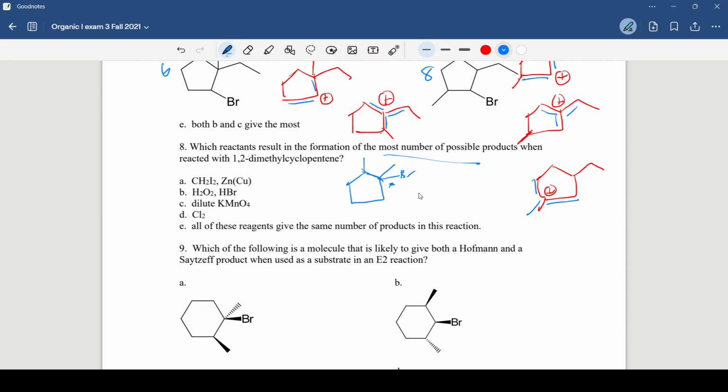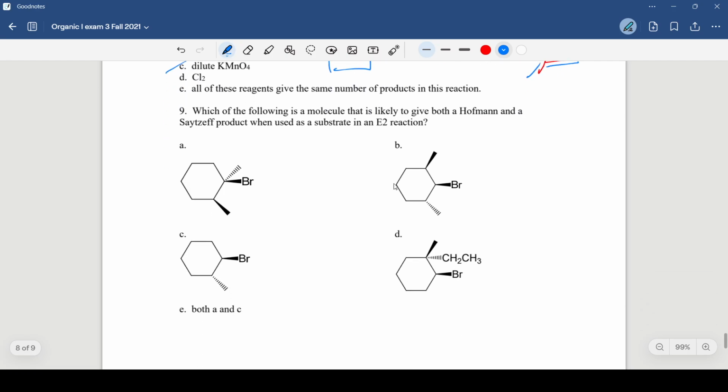So that would make like 4 products. And then these two only make 1 product, and then Cl would only make 2 products, because it would be Br and Cl, but they would be trans, so one of them would be a dash. Okay, you get the picture.